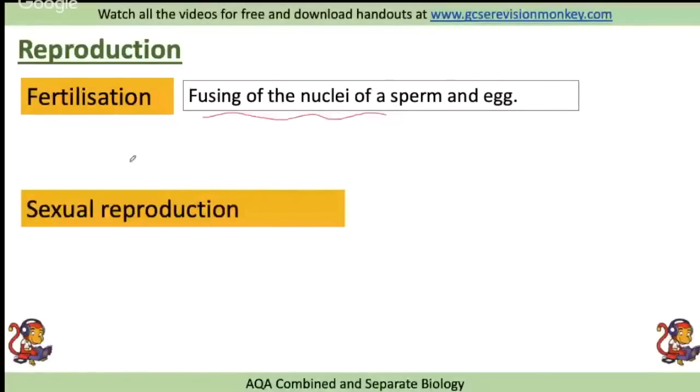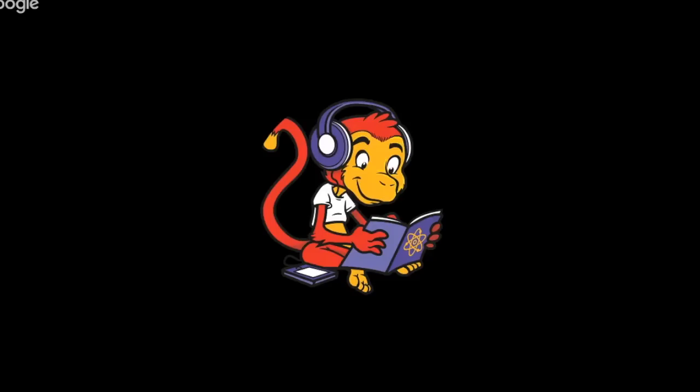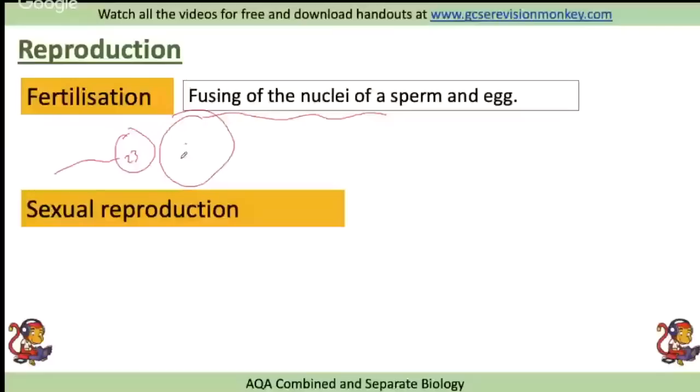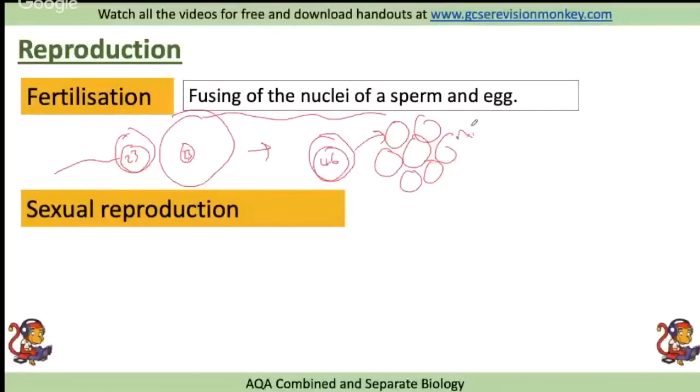So when a sperm, for example in a human with its 23 chromosomes, fuses with the nucleus of an egg with 23 chromosomes, they will make a fertilized cell with 46 chromosomes. That will then start to divide by mitosis to make an embryo. So mitosis when it's growing into an embryo, meiosis when it's making the gametes first of all.